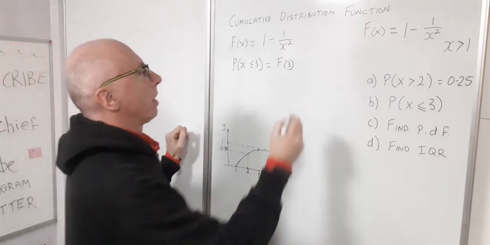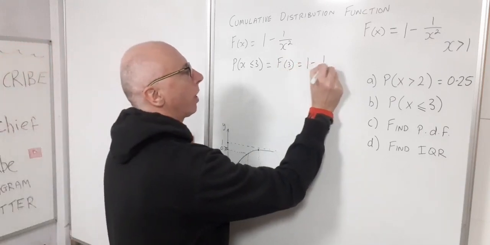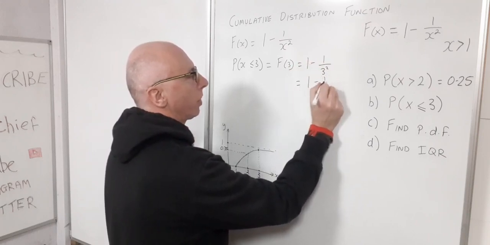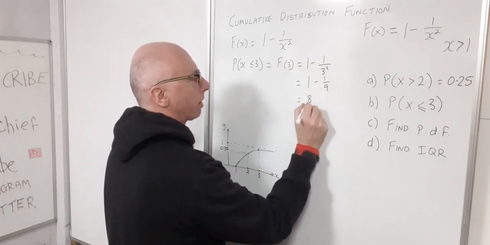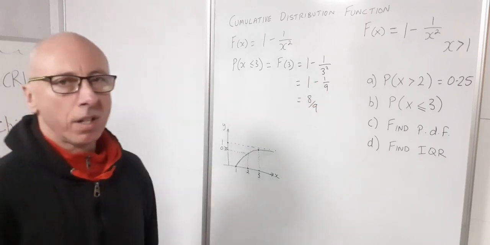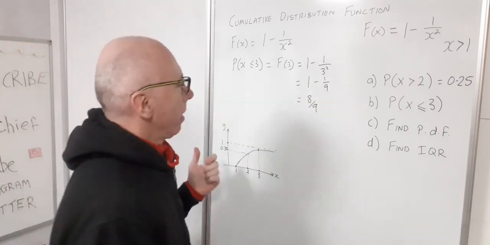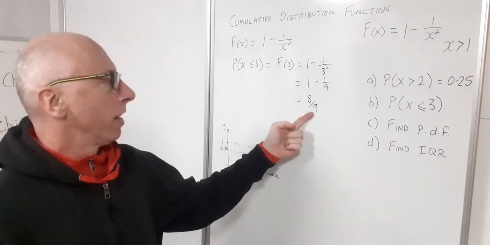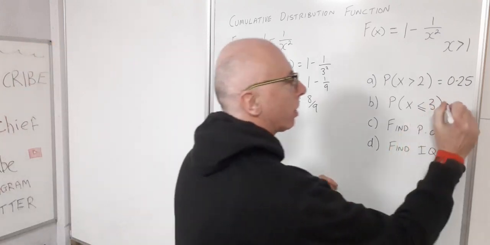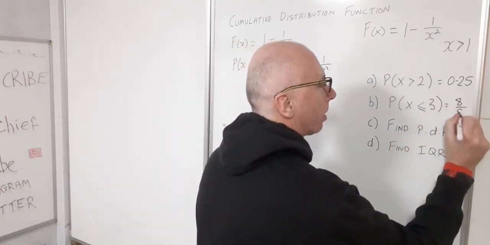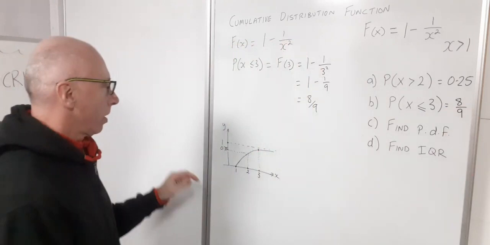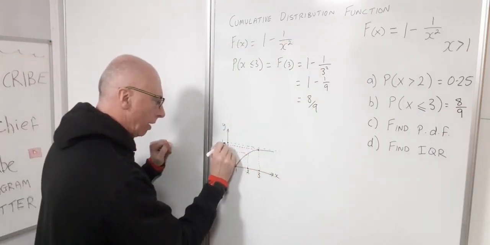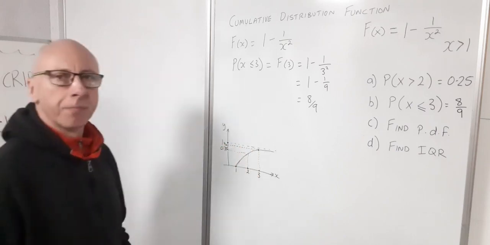That's all we need. So 1 minus 1 over 3 squared, which is 1 minus 1 over 9, which equals 8 over 9. In decimal form, that's 0.88 recurring, but I'm going to write it as a fraction so we get the exact value. That gives me 8 over 9. So therefore this value here, coming along there, will be 8 over 9.